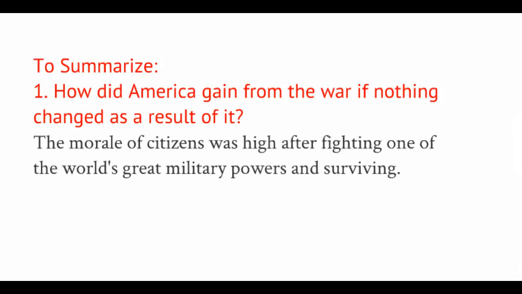The short answer is we had managed to fight off, again, one of the world's great military powers, so morale was very high. That's part of the reason that this war is known as the Second American Revolution. We were finally going to gain some respect from Great Britain, holding them at bay as we did again.